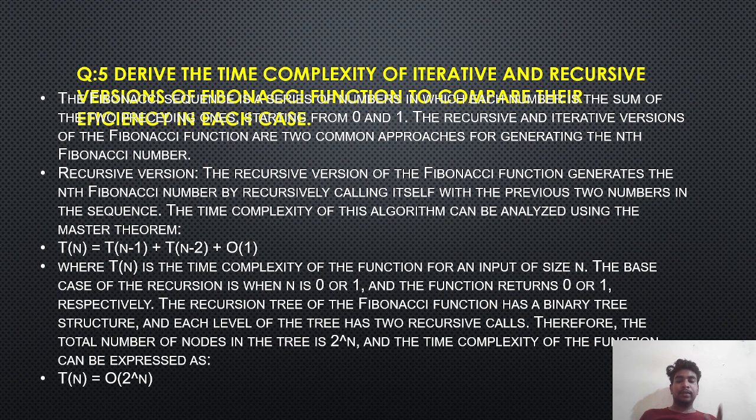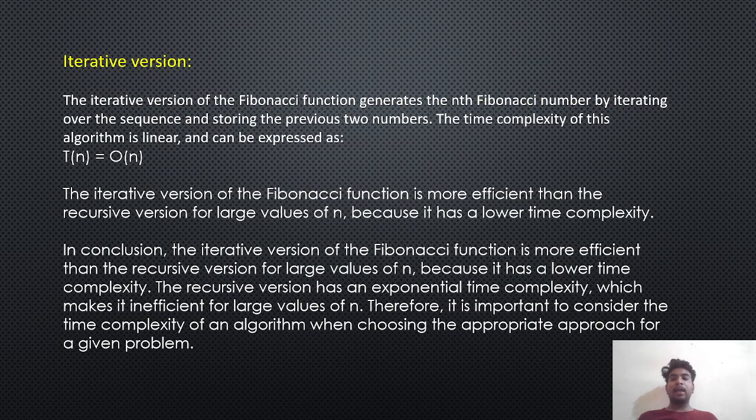The base case of the recursion is when n is 0 or 1, and the function returns 0 or 1 respectively. The recursion tree of the Fibonacci function has a binary structure, and each level of the tree has two recursive calls. Therefore, the total number of nodes in the tree is 2^n, and the time complexity of the function can be expressed as T(n) = O(2^n).